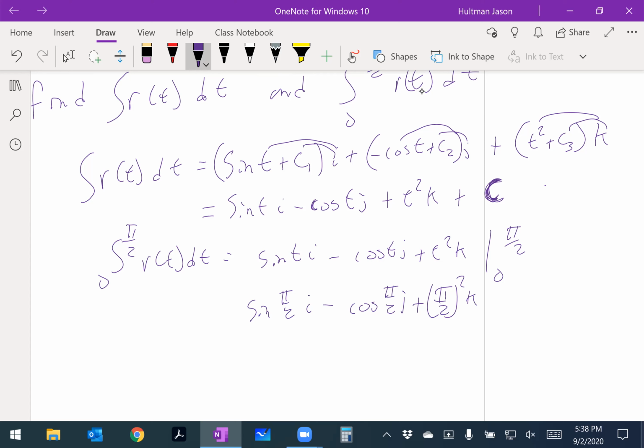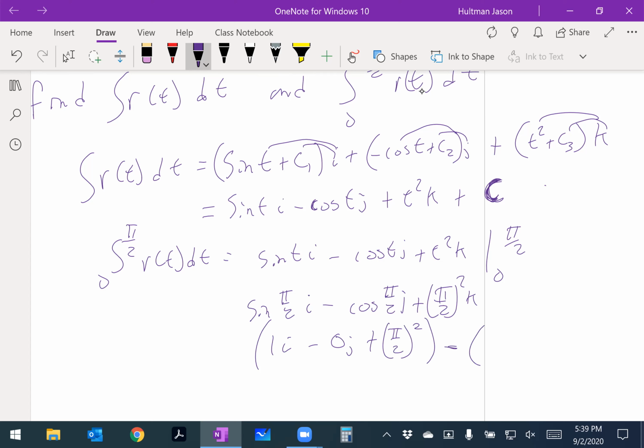Okay, so sine of pi over 2 is 1, is that right? So 1i minus, what's the cosine of pi over 2? Isn't that 0? 0j plus pi over 2 squared k.